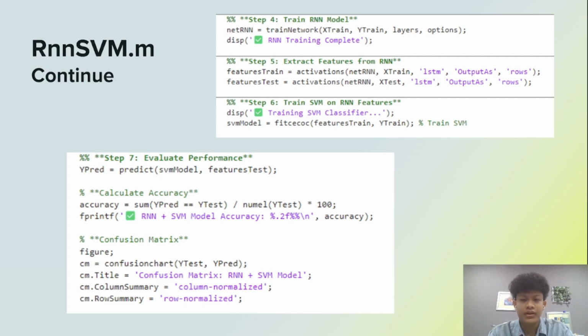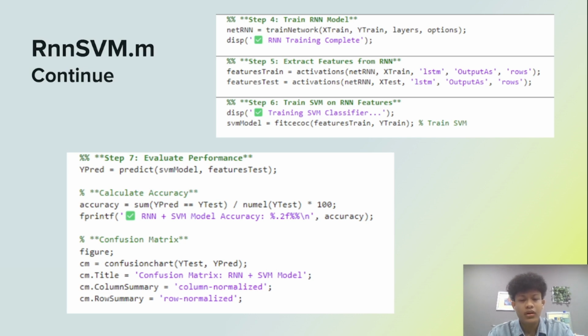The features train variable contains the feature representation from the RNN, and Y train consists of the corresponding labels, while fitcecoc is a function that trains a multi-class SVM using error-correcting output codes, ECOC.